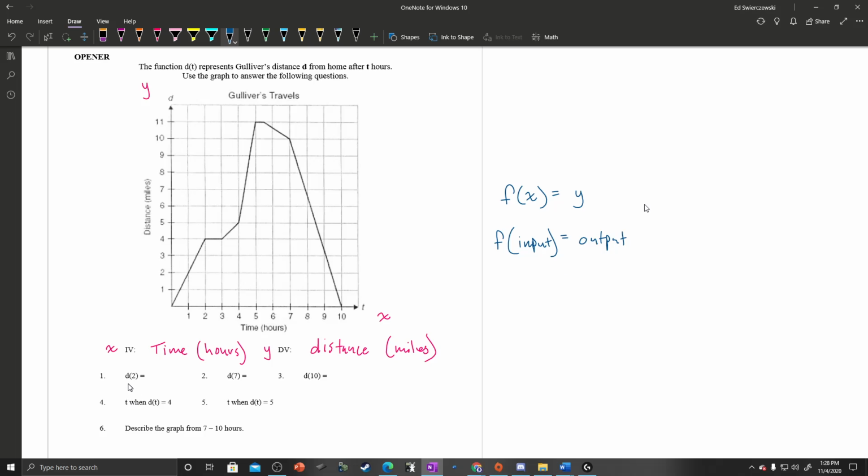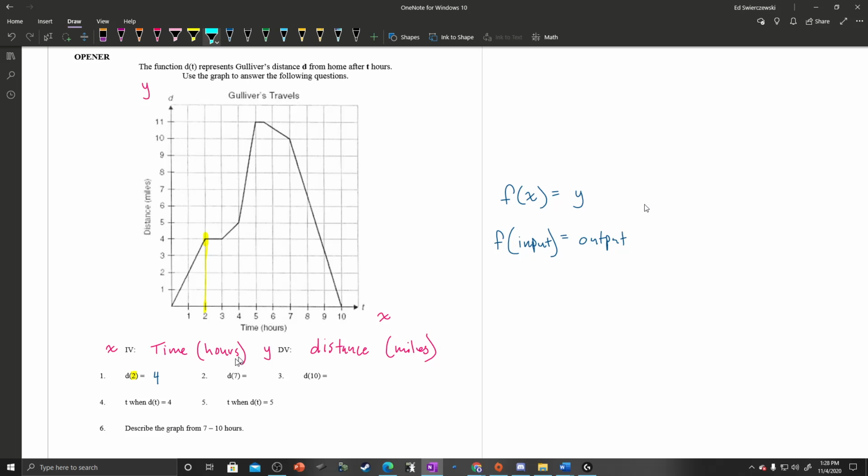So d of 2 here is asking me, when 2 hours have passed, what is the output? You need to look on the x-axis at 2, you find it, and then you go either up or down, up in this case, to find the y value when the time is 2, and it looks like after 2 hours, Gulliver is 4 miles from home.